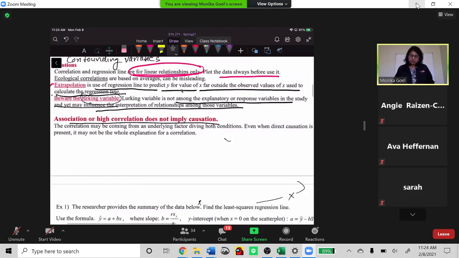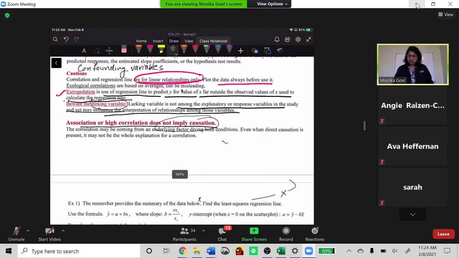So association or high correlation does not imply causation. If there is correlation, we cannot say that there is a cause and effect relationship. There is a relationship, one going up, or one going up and the other going down, but that does not mean that there is a cause and effect relationship going on.